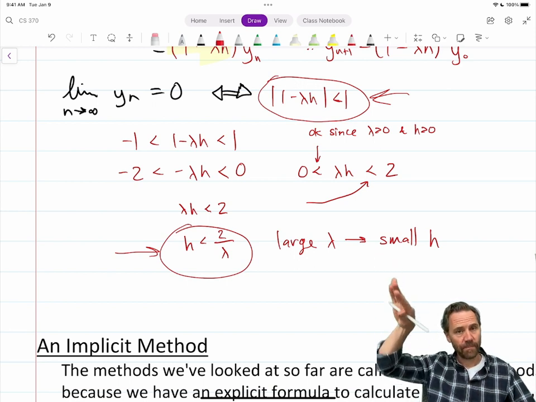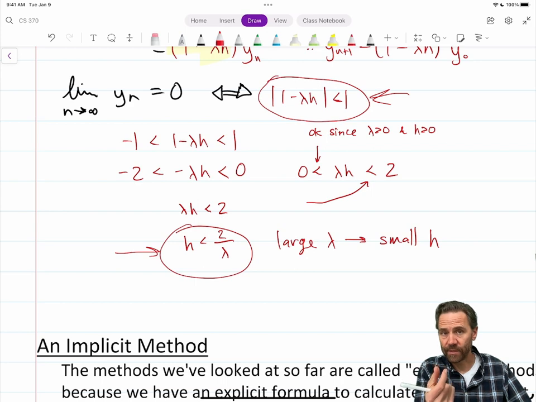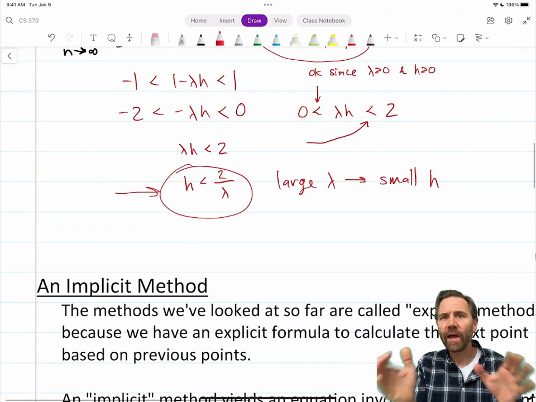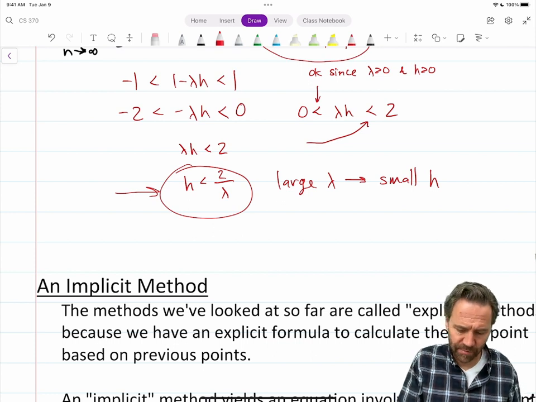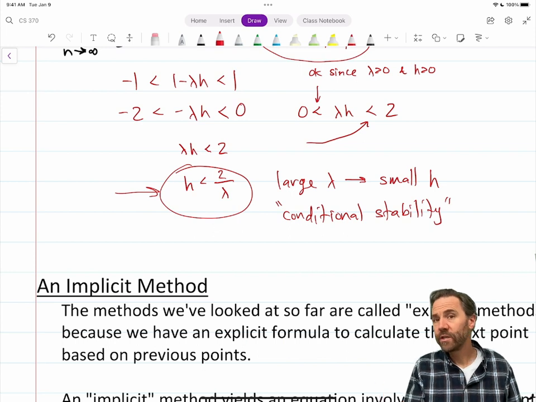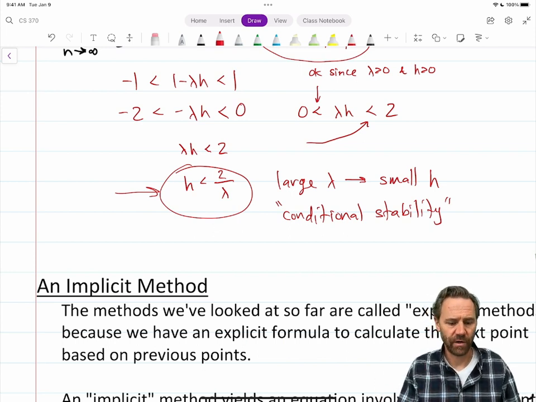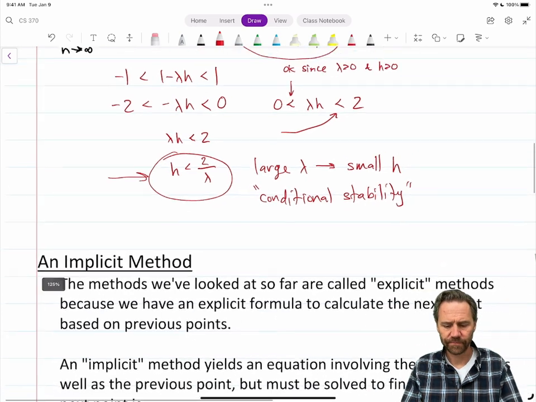Faster decay means we have to take smaller time steps to be stable. So this dependence of h on lambda is called conditional stability, because the stability is conditioned on our time step relative to our convergence rate.